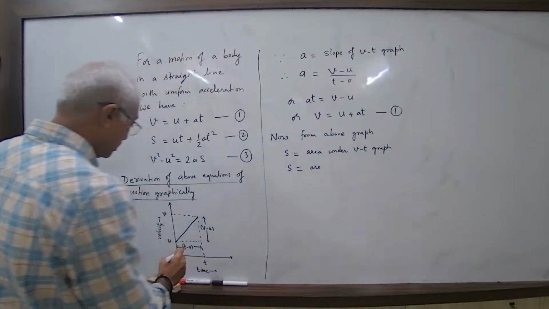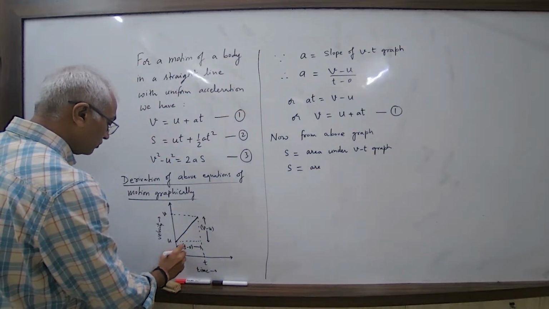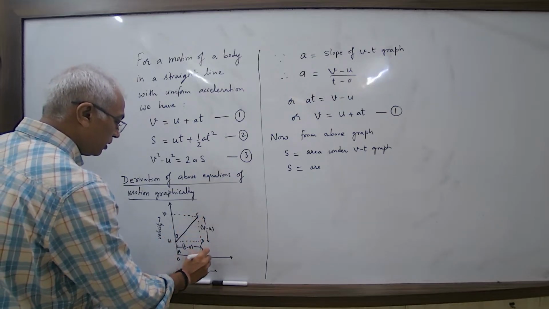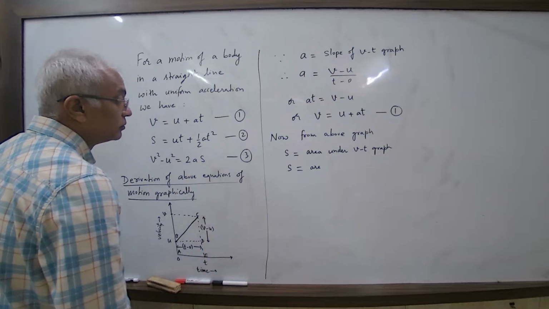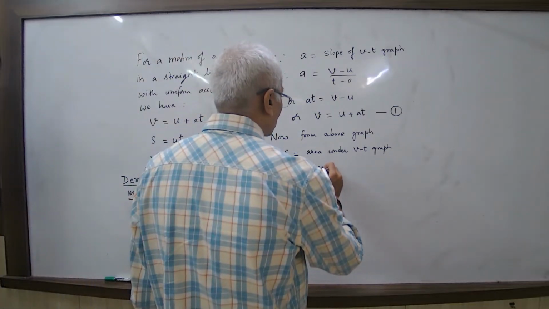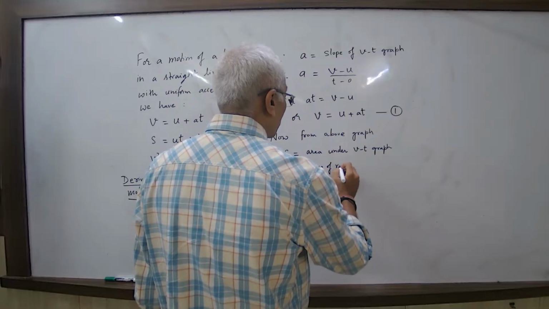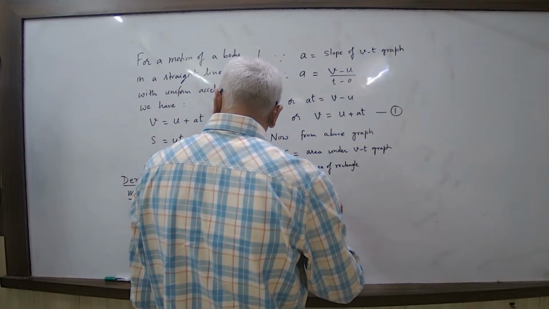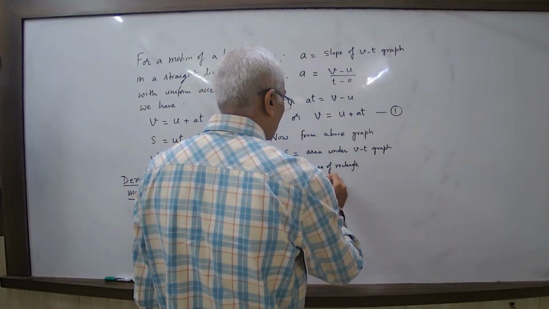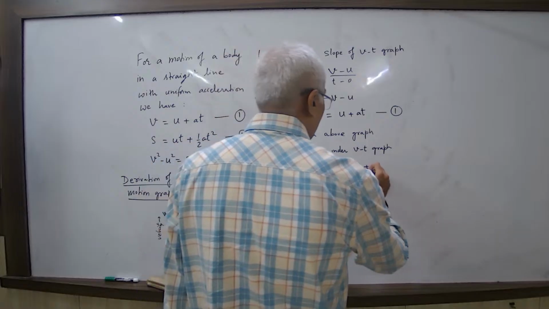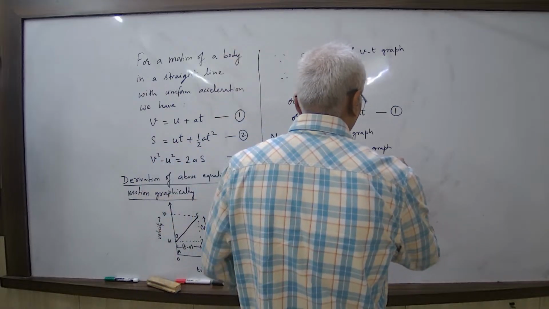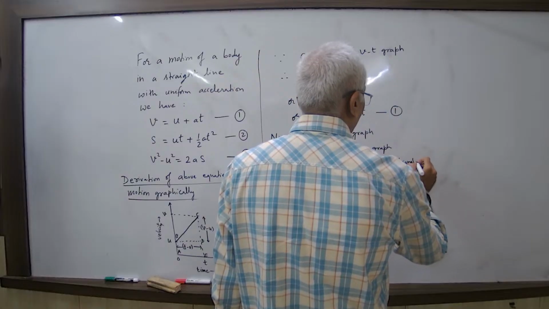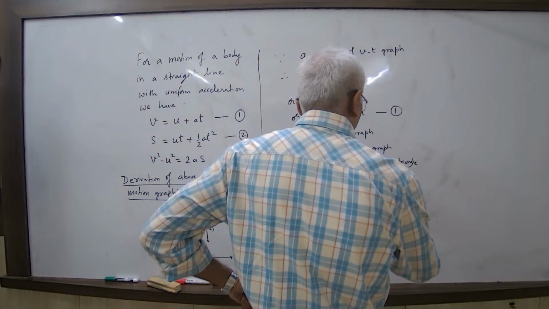Let's name these points A, B, C, D, E. The rectangle ABDE plus the area of triangle BCD.